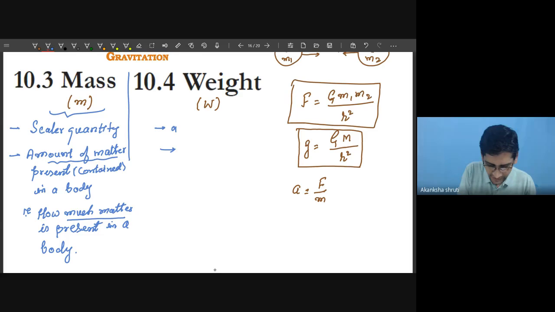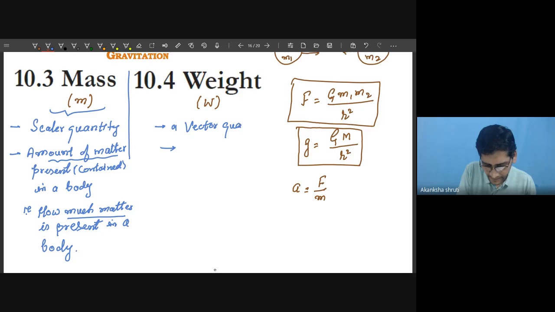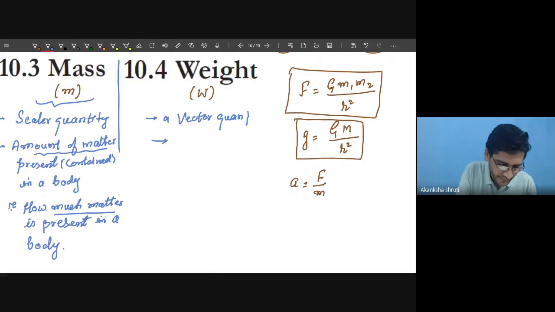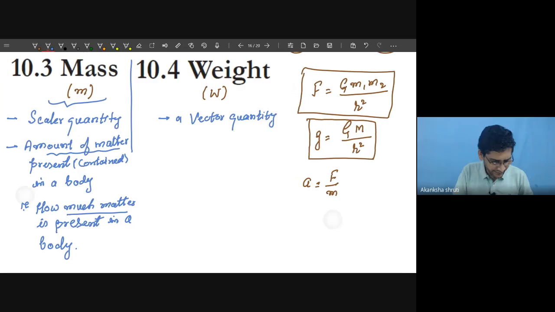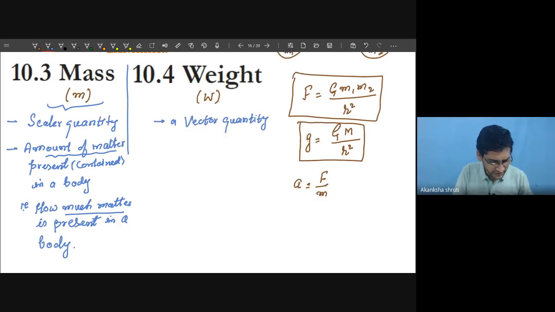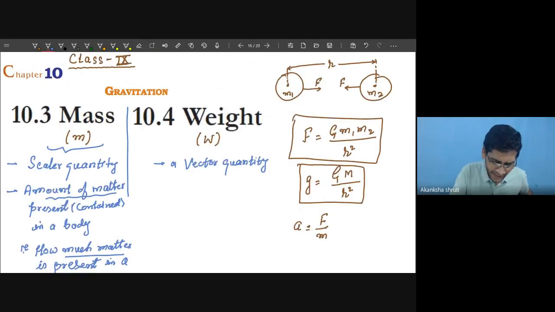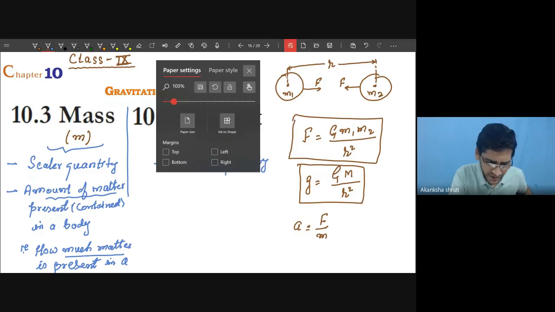Now this vector quantity is nothing but a particular kind of force. So therefore, this is our earth pull, means the force with which earth is pulling an object toward itself is called weight.